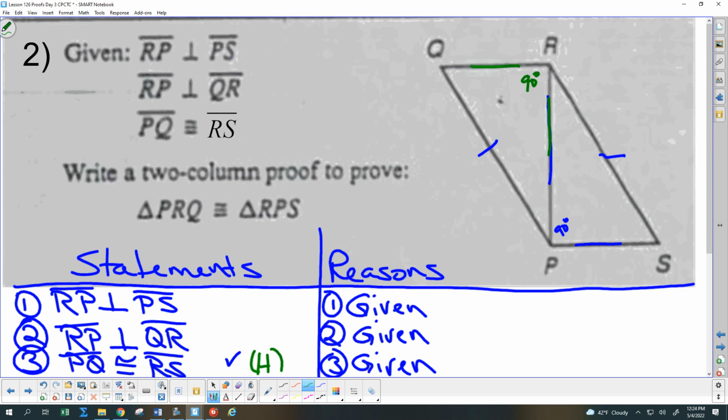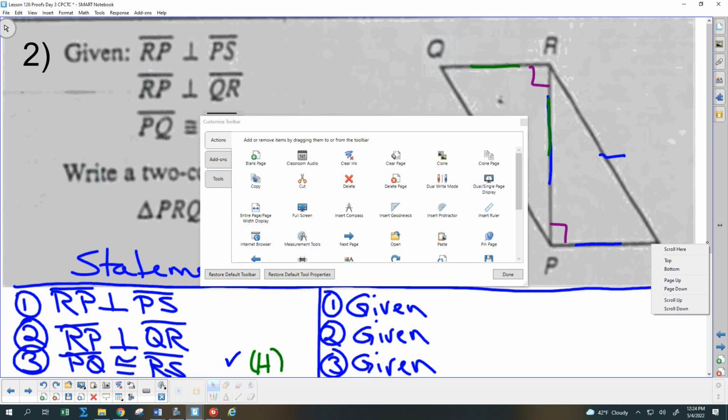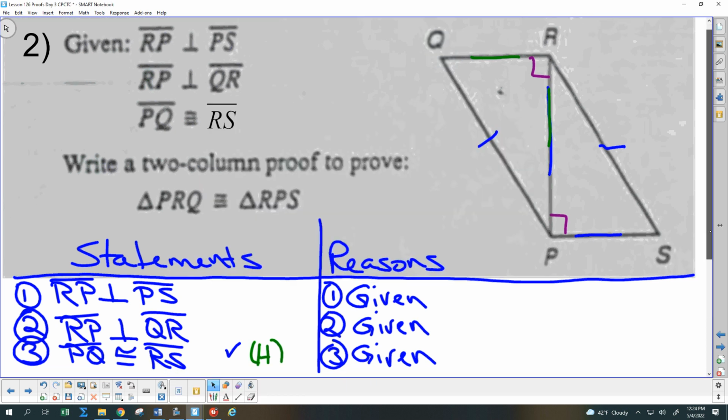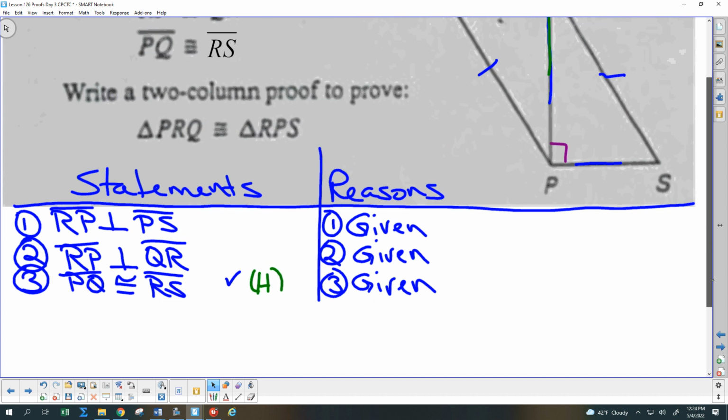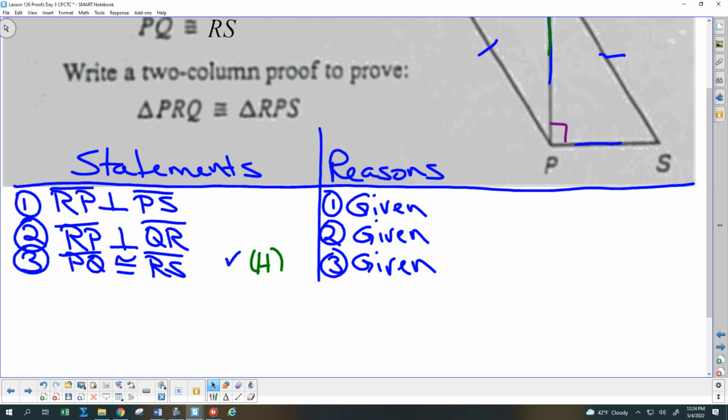So instead of that little 90-degree symbol that I wrote in there, I am going to go ahead and put my perpendicular marks on those two angles. Notice they don't go all the way over to the slanty side. They only go as far as the part that makes the right angle. And so I am going to say that I have right angles.